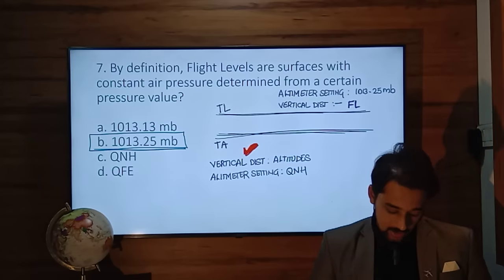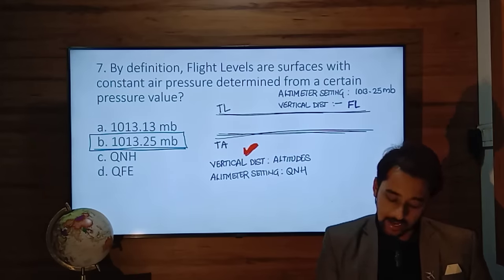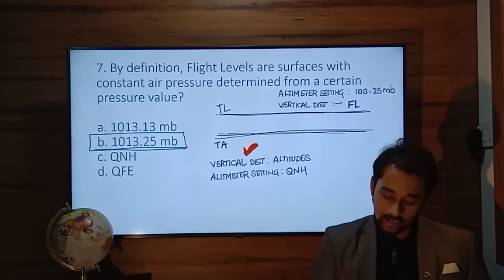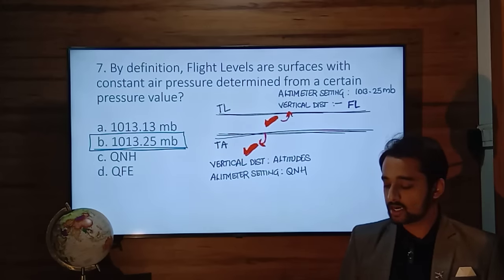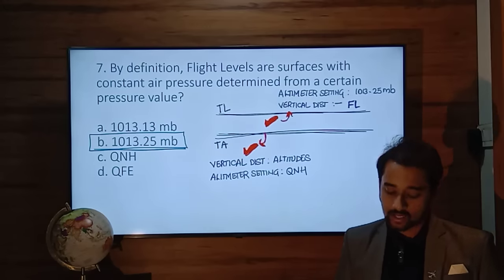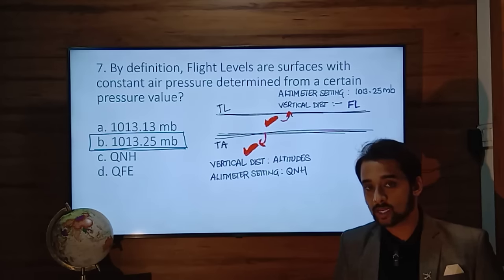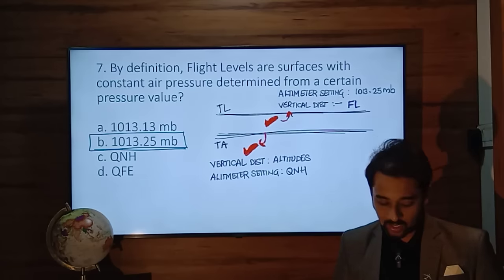Make sure that when the aircraft crosses transition altitude, it is the duty of the pilot to change its altimeter setting from QNH to 1013, which is your standard pressure setting. So the answer: flight levels are surfaces with constant pressure determined from 1013.